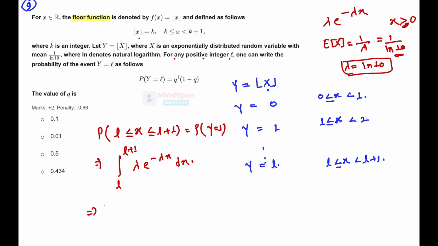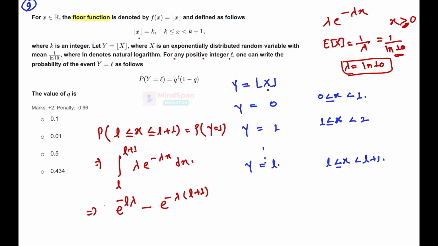How do you carry out the integration? So this integration is easy, so lambda will get cancelled, minus 1 will be outside, so it will be e to the power minus lambda times l minus e to the power minus lambda times l plus 1.